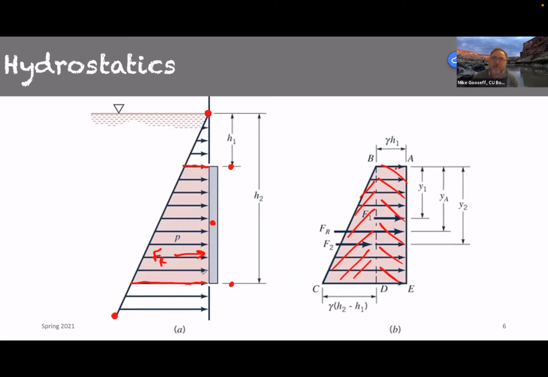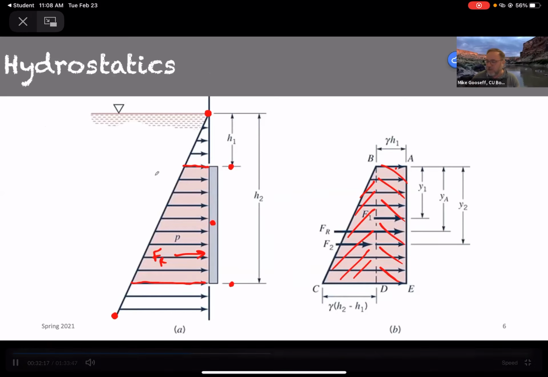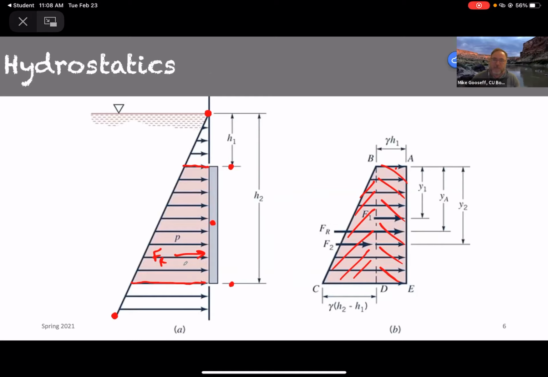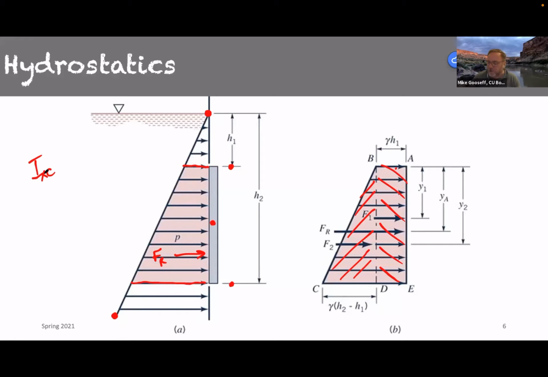I actually haven't derived this for a circle yet, but the 2/3 rule for a pressure prism works out because you end up with that 1/12 A B cubed term. That part of I sub XC, the moment of inertia, just so works out that you end up with a 2/3 relationship there.